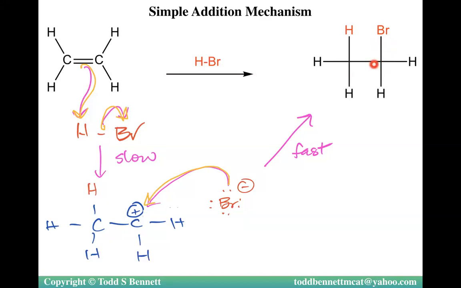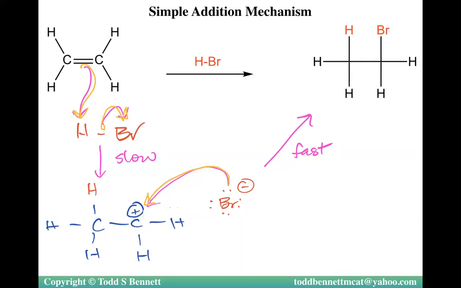I didn't necessarily mean to draw a Fischer projection sideways, but it is what it is. Because it's not chiral, I don't really care where I put the various atoms. The key thing is we've added an H to one of the carbons and a Br to the other carbon. Mechanistically, H goes on first to the less crowded site. There is no less crowded site in this case, but if there were, H would go to the less crowded carbon, the carbocation would be on the more stable carbon, and the Br would go to the more substituted carbon.